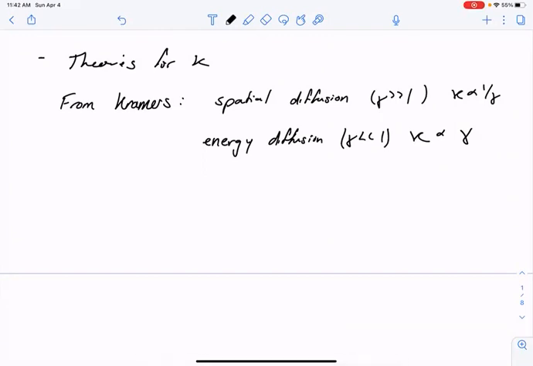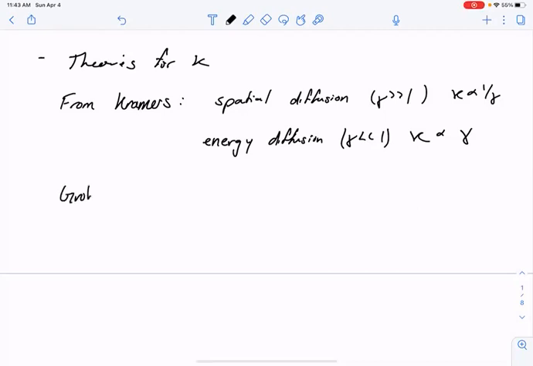Finally, both of those examples assume that the bath, while maybe interacting strongly or weakly, does equilibrate quickly. And thus, these are both Markovian approximations to kappa.